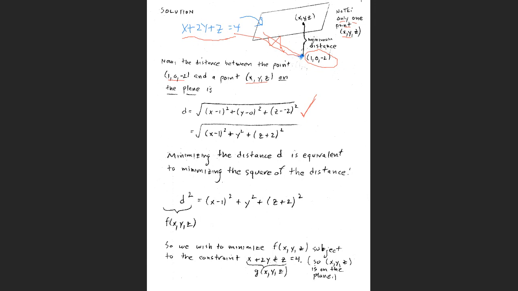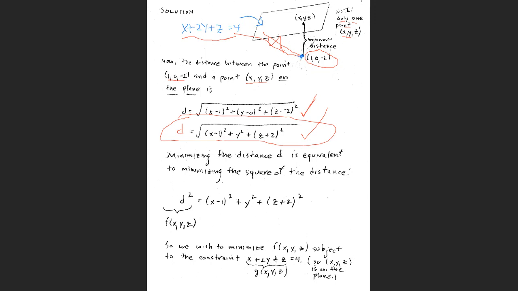You learned that maybe the first day of class in section 9.1. So that's the formula to get the distance. But the problem is, this distance is difficult to maximize or minimize because of the square root.